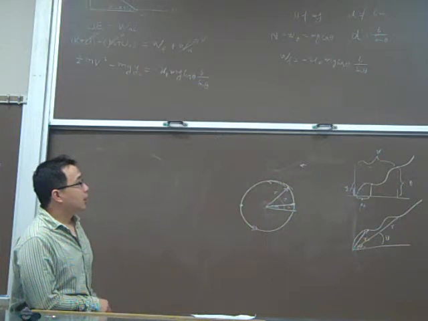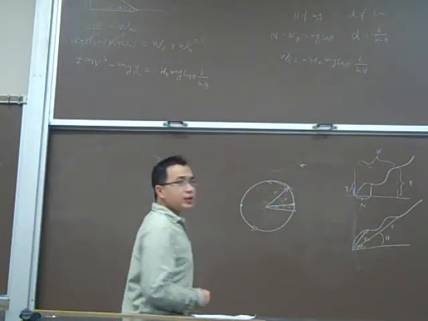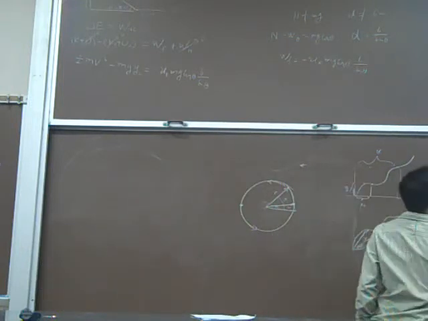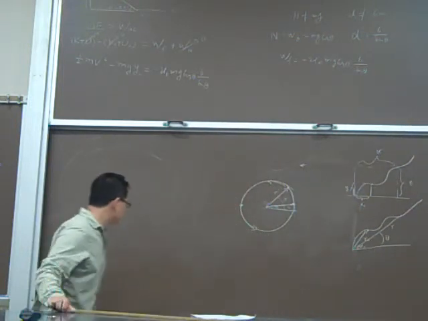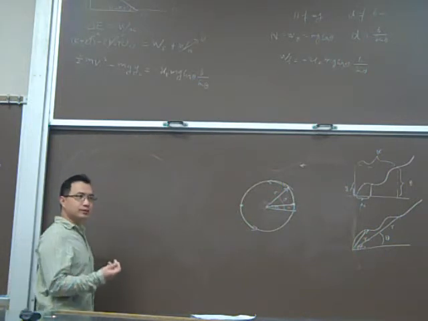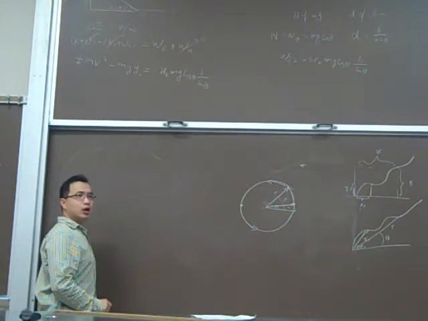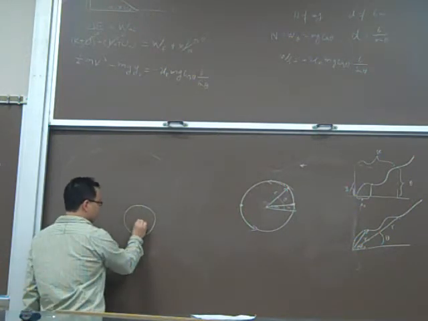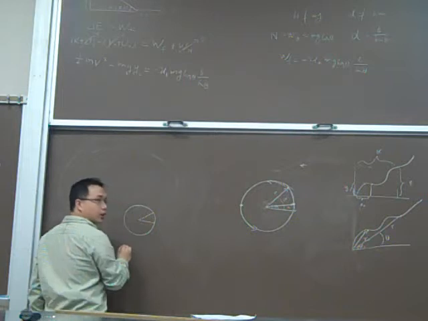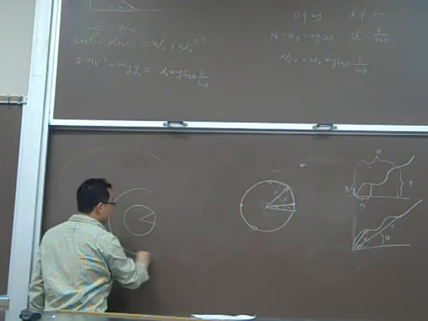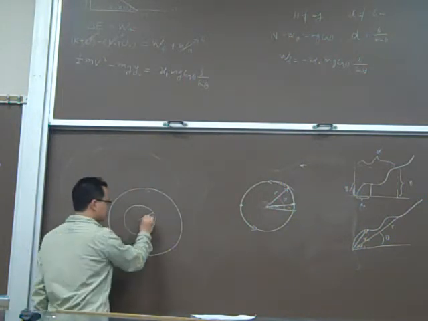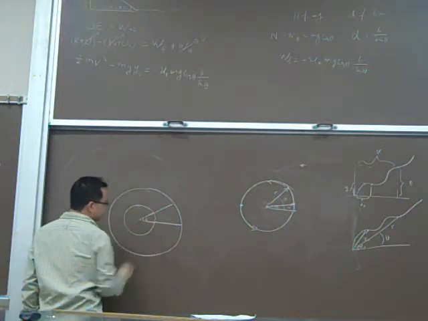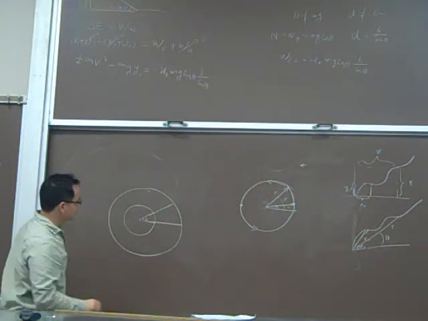The radian comes from this kind of definition. How can we specify the angle? We notice that any angle can be specified for different circles this way. If you have this angle, and if you have another, larger circle, you will see that the angle can be specified by some ratio.